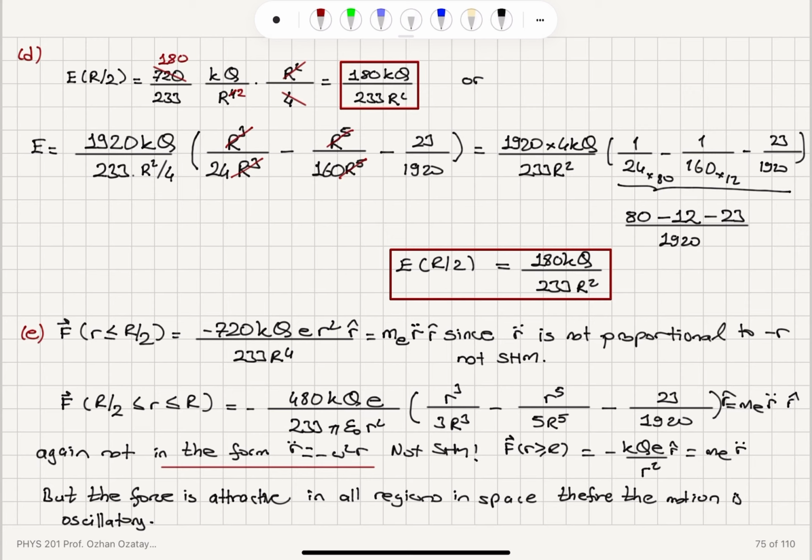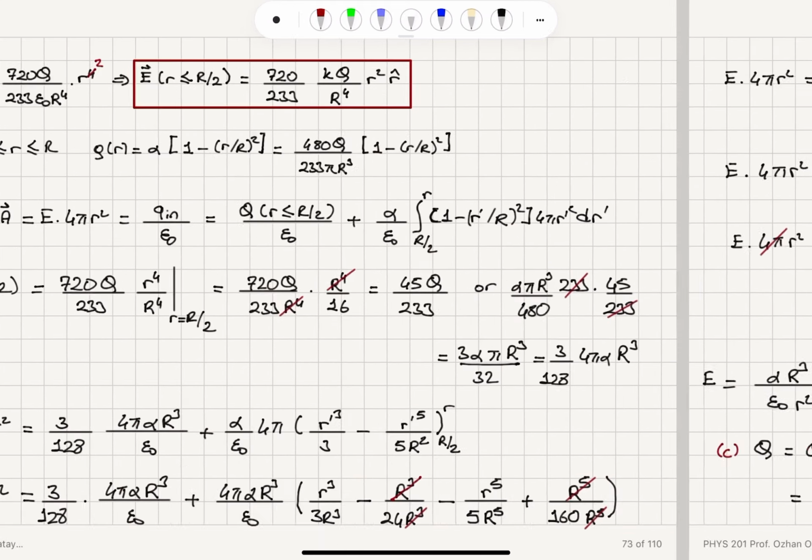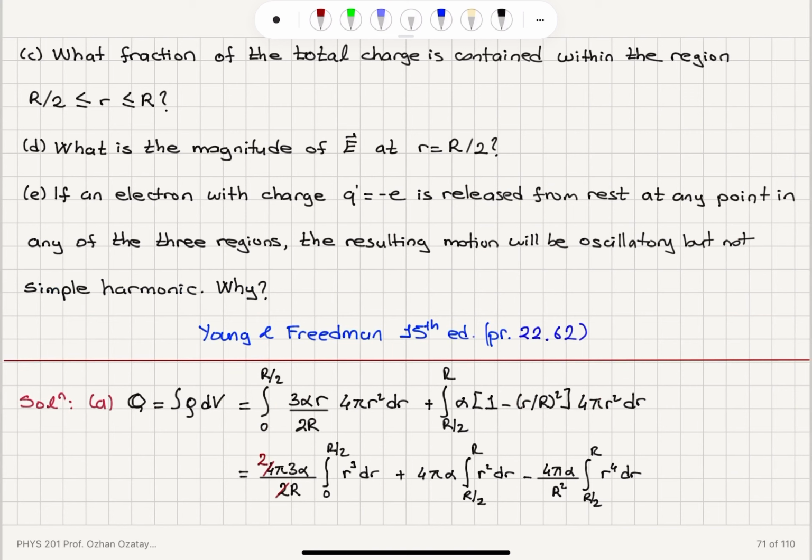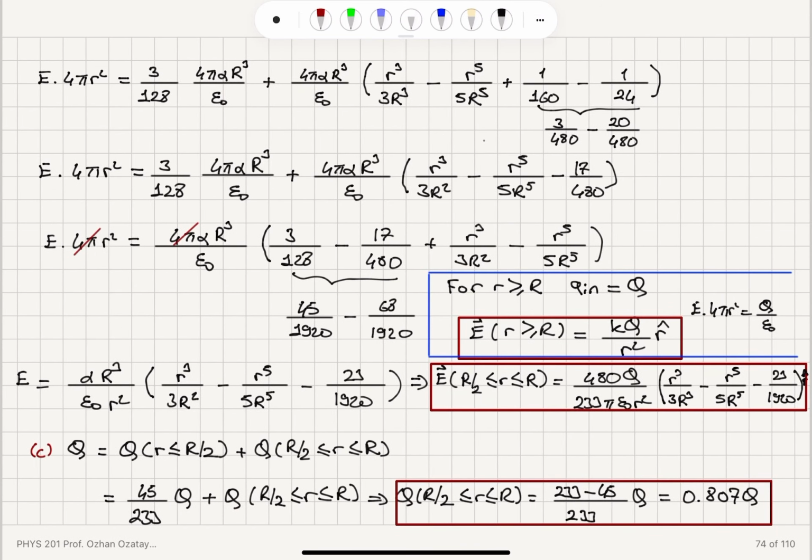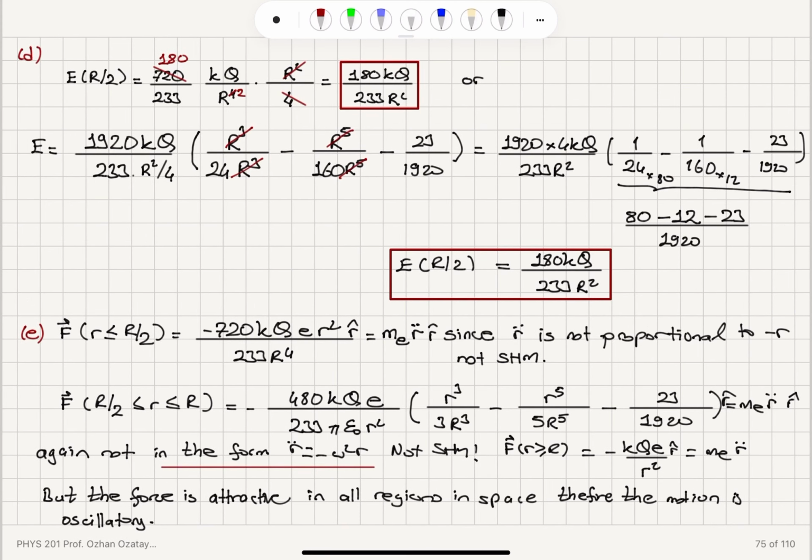In part E, for all three regions in space, we calculate the force an electron would feel when it enters that region. So if it is released from rest at any point in any of these three regions, the resulting motion will be oscillatory because it's going to feel an attractive force. Because of this minus sign here, it's going to be an attractive force. It's in minus r hat direction.